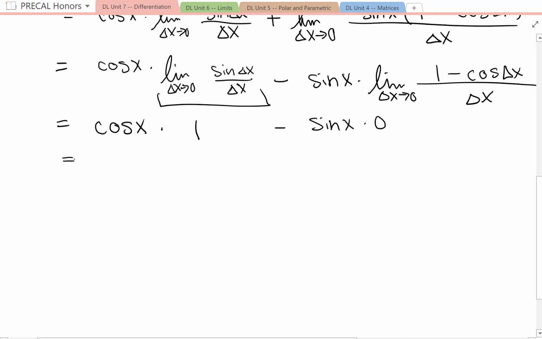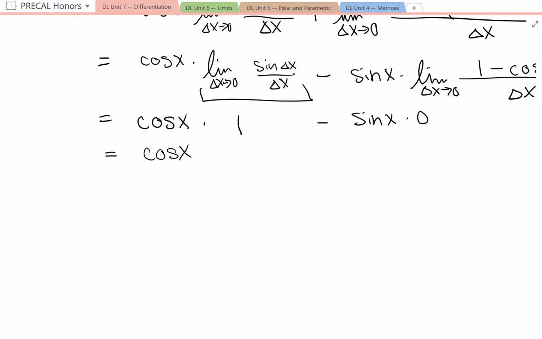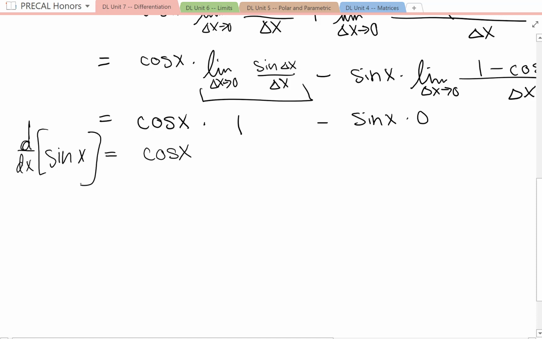Wow, we have simplified it. Cosine x times 1 is cosine x. Negative sine x times 0 is 0. So what is the derivative with respect to x of sine x? It is simply cosine x.